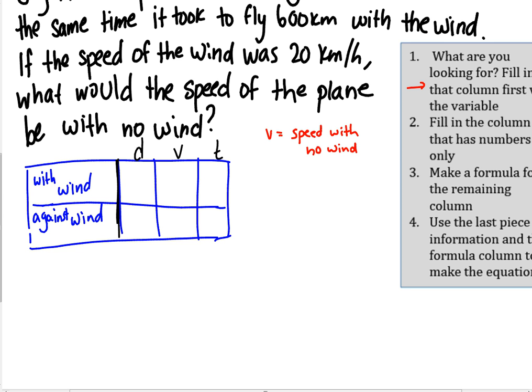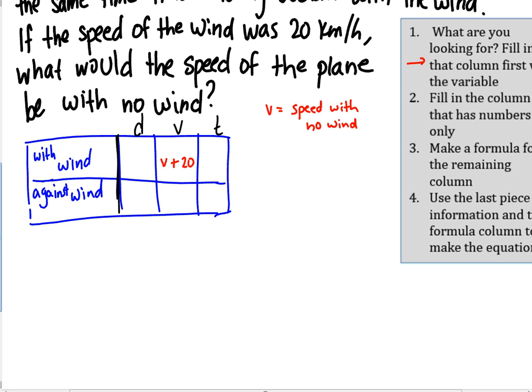It pushes you, right? You can go faster. It's faster one way than the other on a plane, because one way you're with the wind, one way you're against it. So with the wind would be our speed with no wind plus 20. Against the wind would be our speed with no wind minus 20.